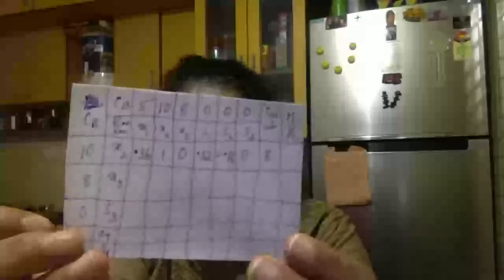0.36. I'll give you the numbers: 1, 0, 0.32, minus 0.16, 0, 8. Okay, this is the first row. You can verify later.